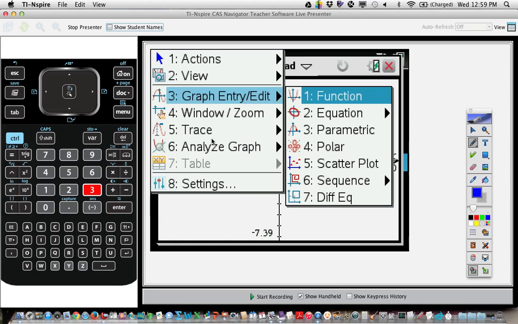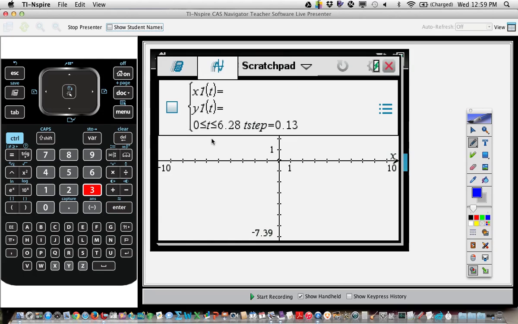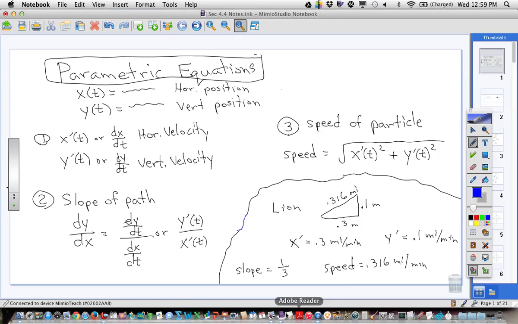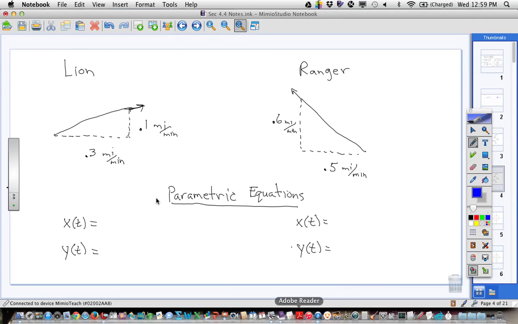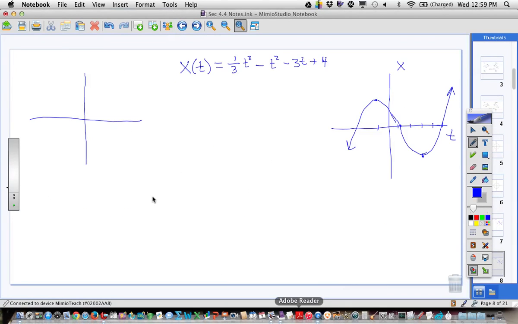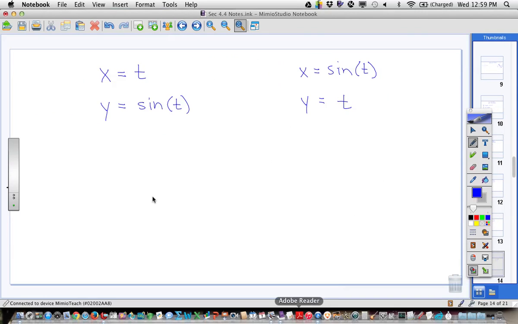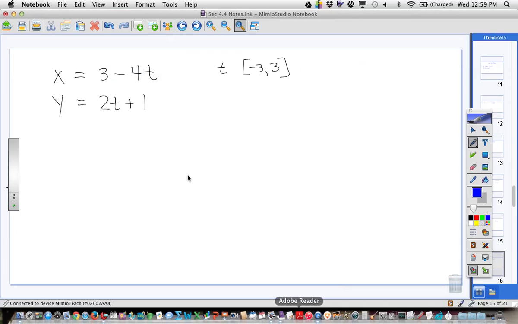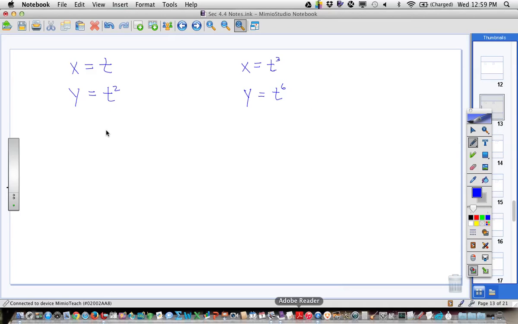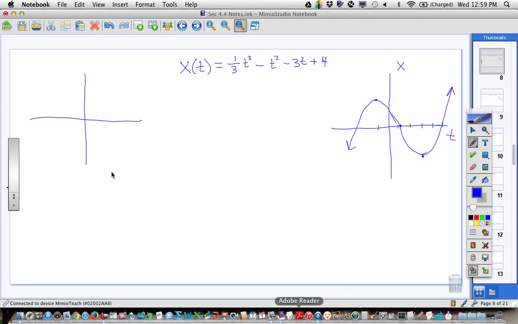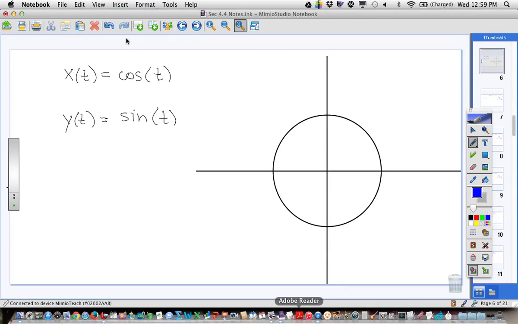Okay, now we're going to go into our parametrics. Some of you may have Lion and Ranger still in there, but she doesn't. That's good. So here's the one I want to do. I want to graph this. Oh shoot. I forgot I didn't rewrite.